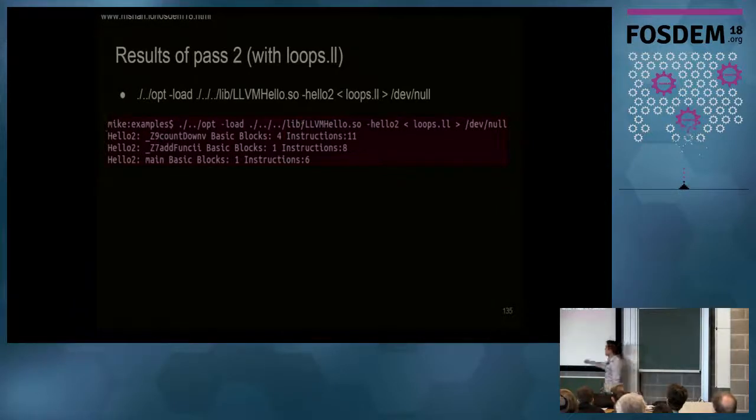Okay, so I'm going to run hello2 on that code and see how many basic blocks there are, instructions. Looks like countdown's our most intense function here. And it works. That's kind of nice.